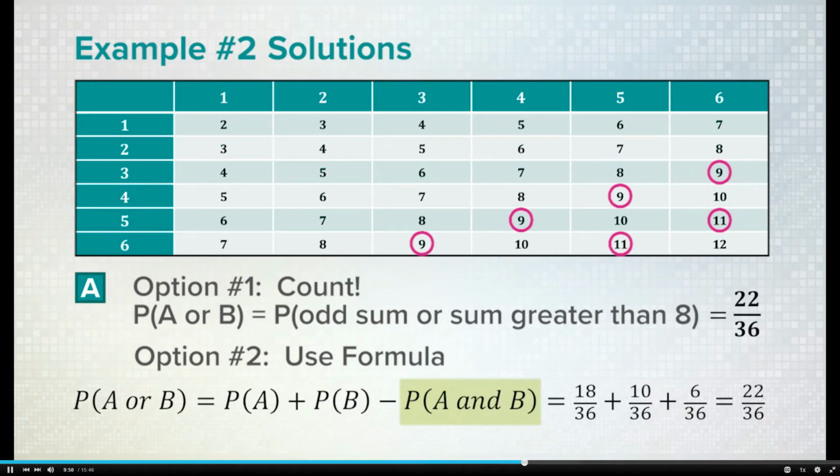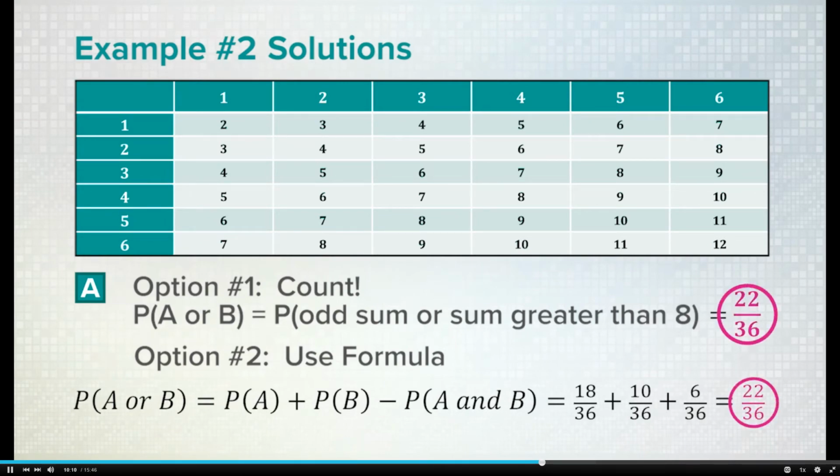Therefore, the probability of A and B in this situation is 6 out of 36. If I do this math, I get the answer 22 out of 36. Notice, I could have used option 1 or option 2. Either gives me the same answer.